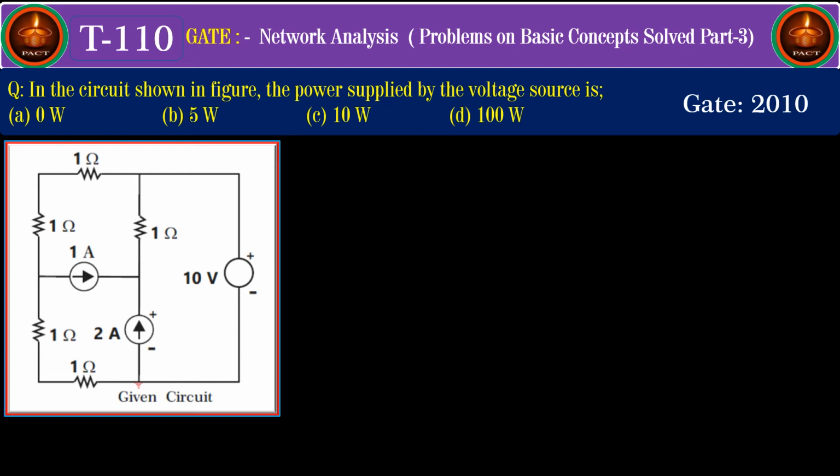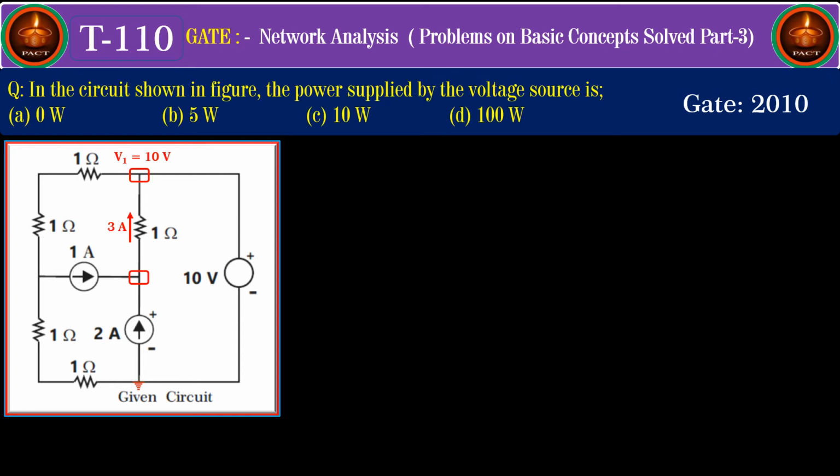Let this junction be the reference junction node, and we know the voltage of this junction node is 10 volts, and let it be V1. Another junction that you should identify is this, where 1 ampere is entering, 2 ampere is entering.